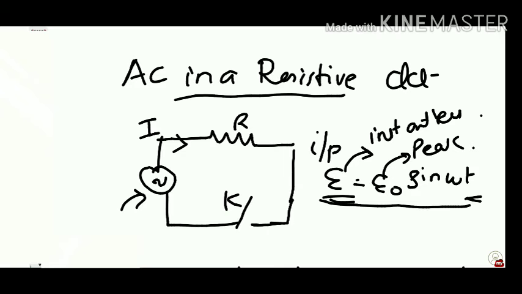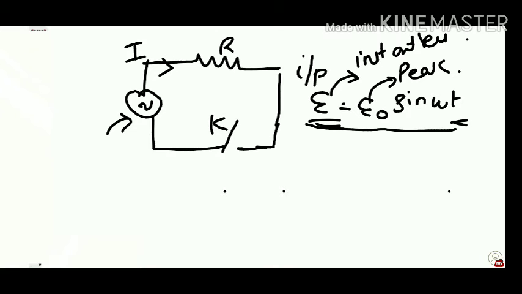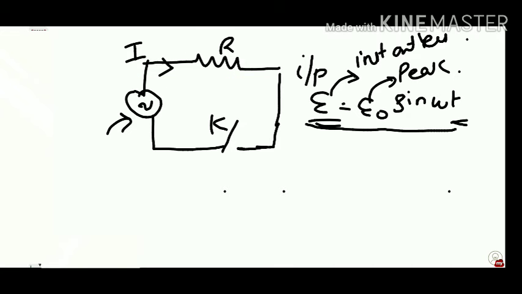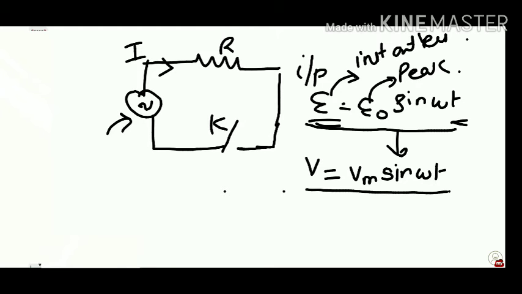Now in most of the NCERT textbooks, in place of epsilon it is written V, and in place of epsilon naught it is Vm, so V is equal to Vm sine omega t.